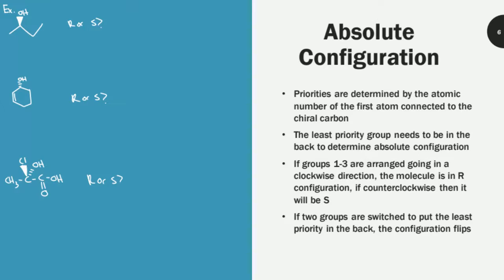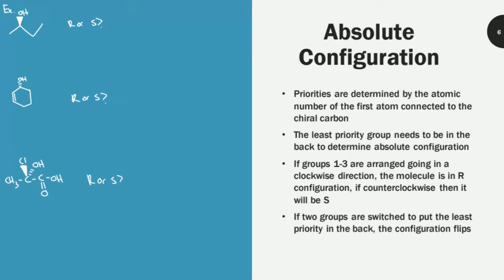If the first atom is the same, you go on to the second group of atoms. To figure out absolute configuration, your least priority group has to be in the back of the plane, because you're only paying attention to how groups 1, 2, 3 are arranged. So 4 always has to be in the back before you can determine that.